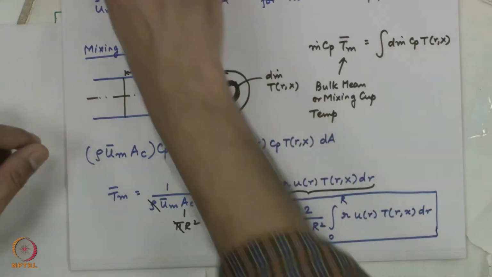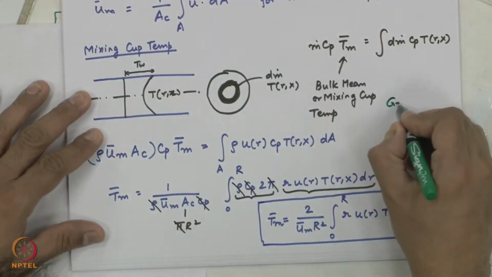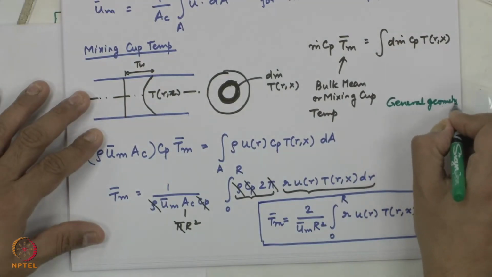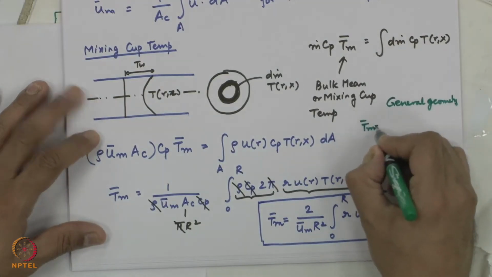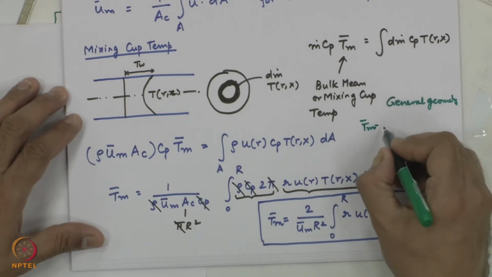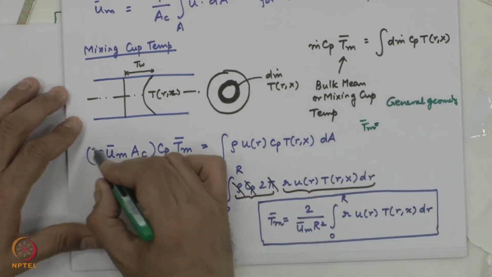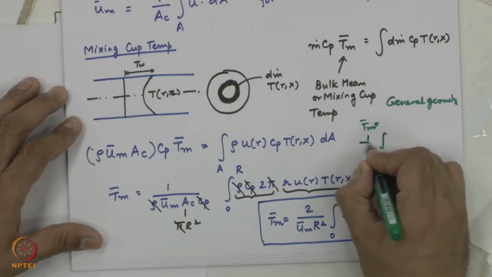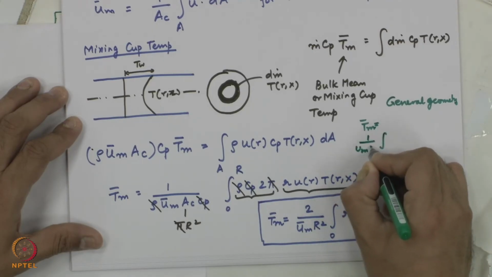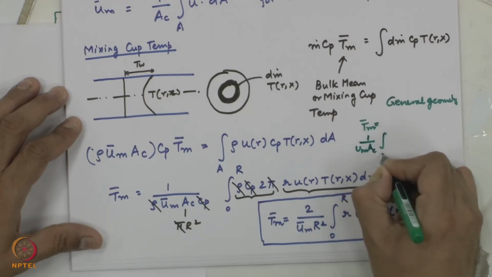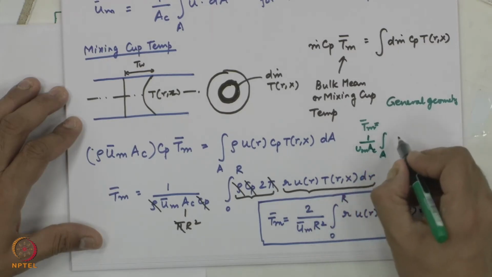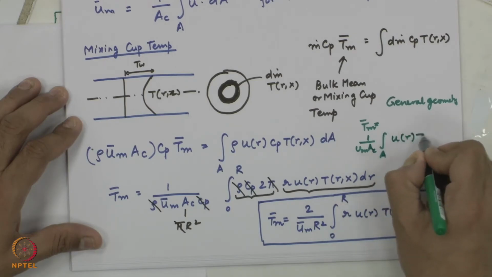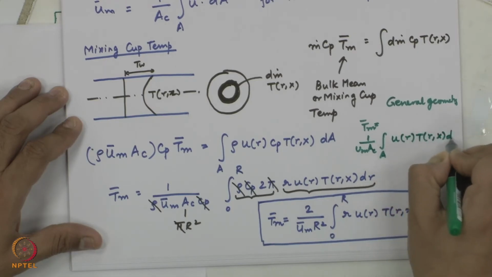For a general geometry, for a general case, T bulk mean is nothing but this one. You can cancel rho and Cp, and you would write it as the integral of 1 over u bulk mean AC, integrated over the area, of u local T of r comma x dA.